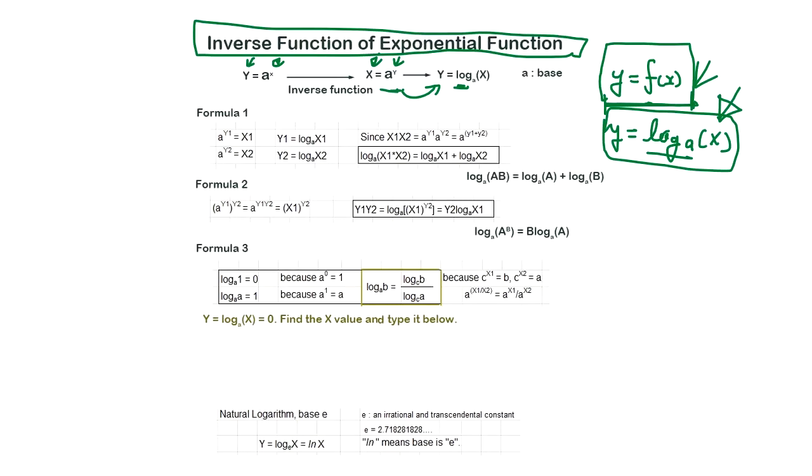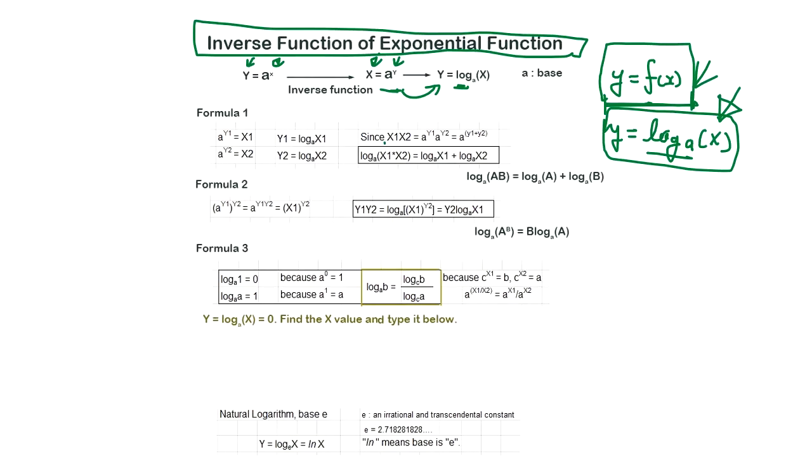So what kind of function is that? Let's say a to the y1 equals x1, and a to the y2 equals x2. So y1 is log a x1 and y2 is log a x2.